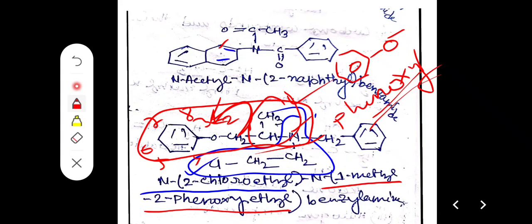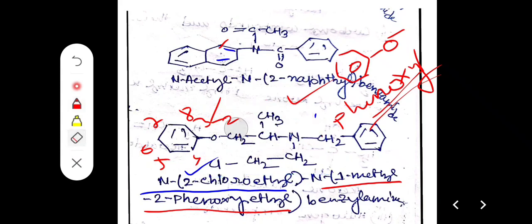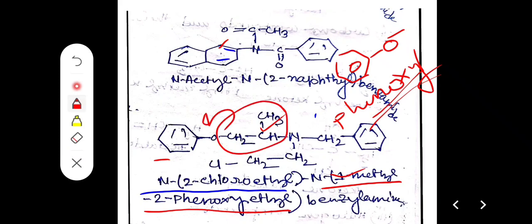That's why it's termed as 2-phenoxyethyl. Okay. So 2-phenoxy, and overall it is ethyl. That's why it's termed as 1-methyl-2-phenoxyethyl, because there are 2 carbons in between them. If we consider the first one's justification, 1-methyl, because one position has a CH3 group. 2-phenoxy, because the 2 carbon bears the phenoxy group, and this overall is termed as ethyl.